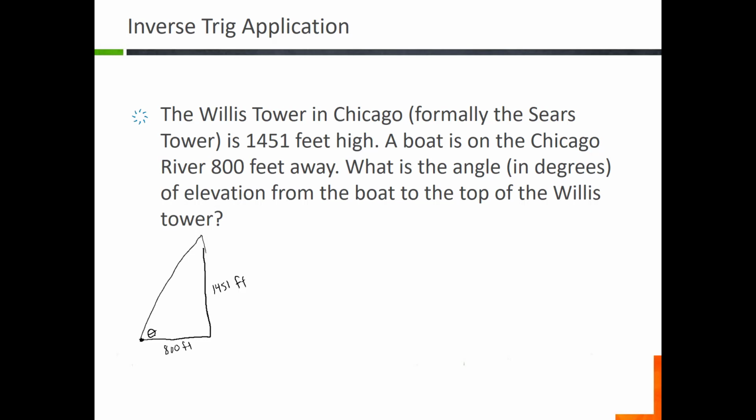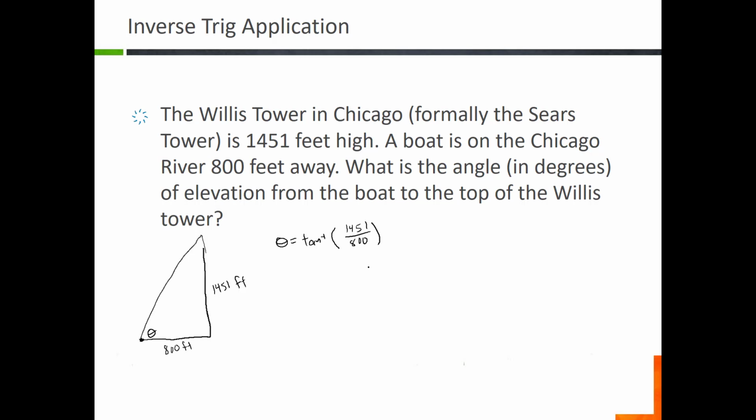And this shouldn't be too bad. Given our acute angle theta, we're looking at the vertical side, which is opposite, with the horizontal side, which is adjacent. And so that's tangent. And so I know theta has to equal the inverse tangent of the opposite over the adjacent, so 1451 over 800.